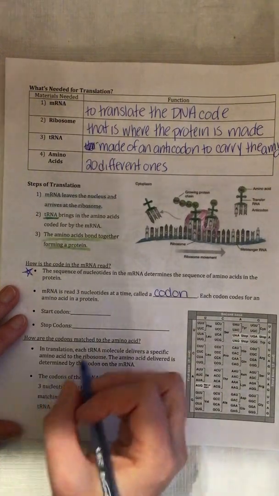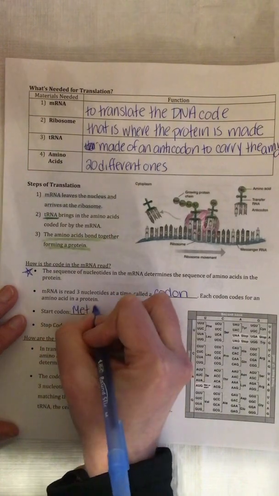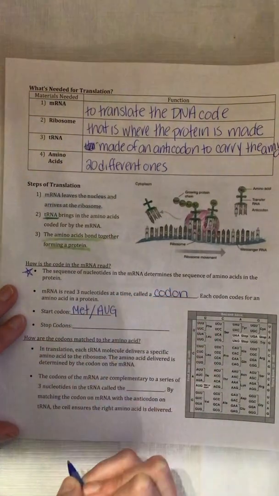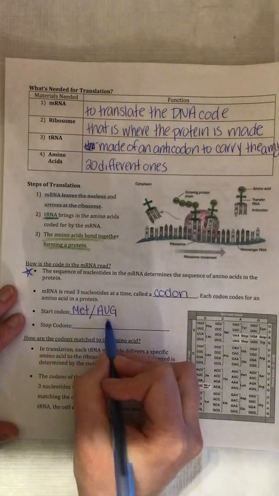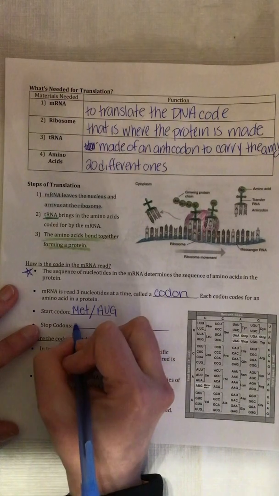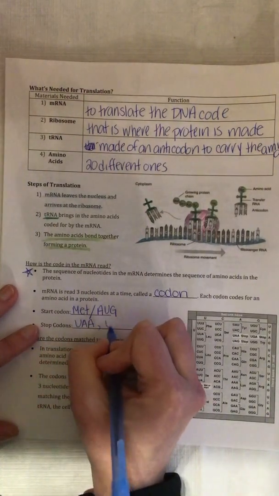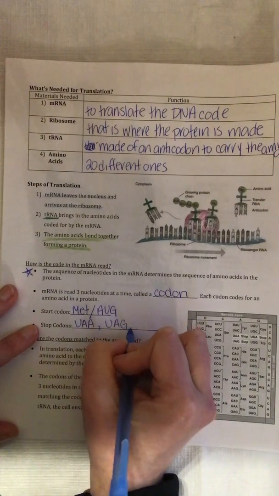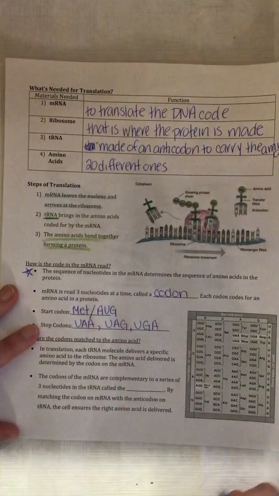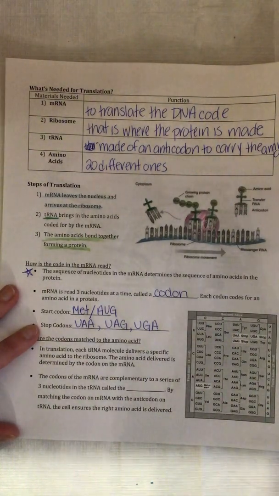There is the start codon, which is methionine or AUG. This is the amino acid. This is the codon. And then we have 3 different stop codons, UAA, UAG, and UGA. And they tell you when the protein is ready to stop being made.